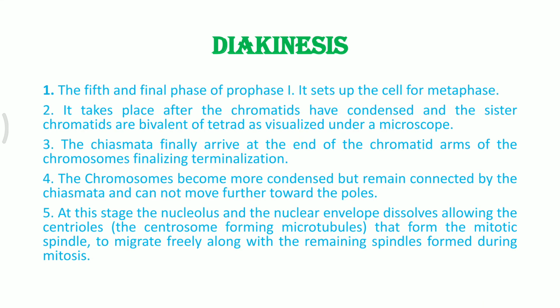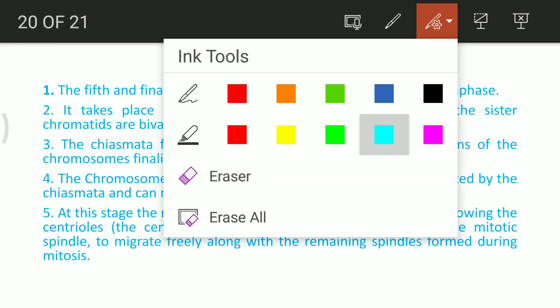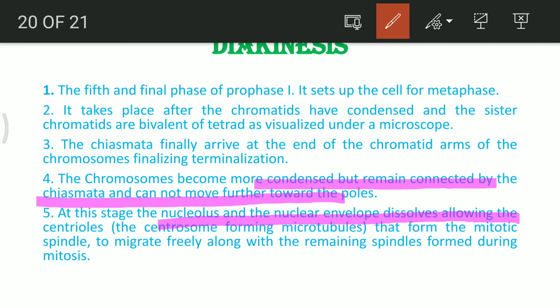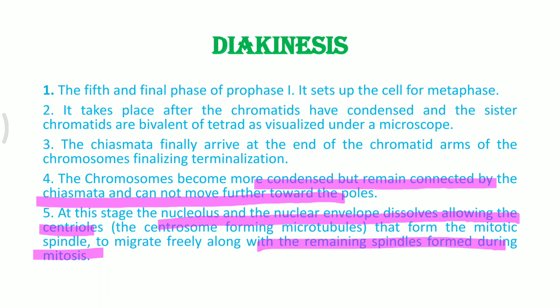We were in the diakinesis stage, and here we will look into the fourth point: the chromosomes become condensed and remain connected by the chiasmata and cannot move further towards the poles. At this stage, the nucleolus and the nuclear envelope dissolve, allowing the centrioles to form the microtubules, and the spindle fibers are formed during this stage because metaphase is on the verge of getting started.